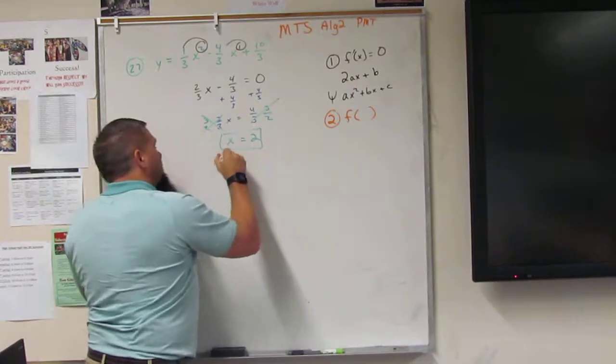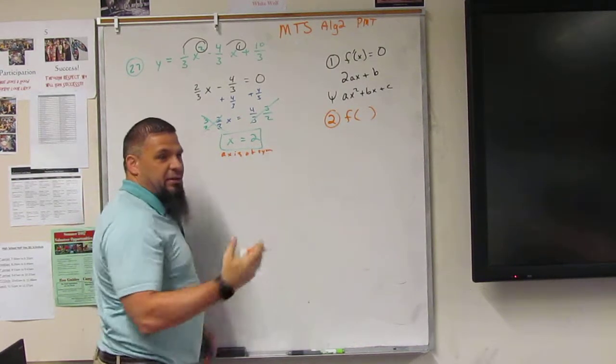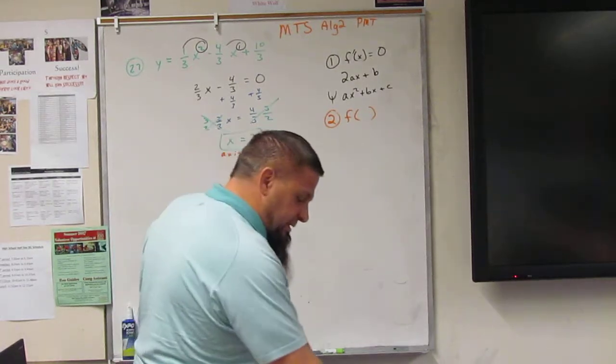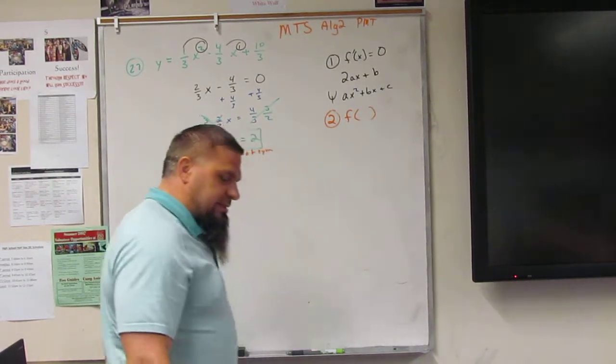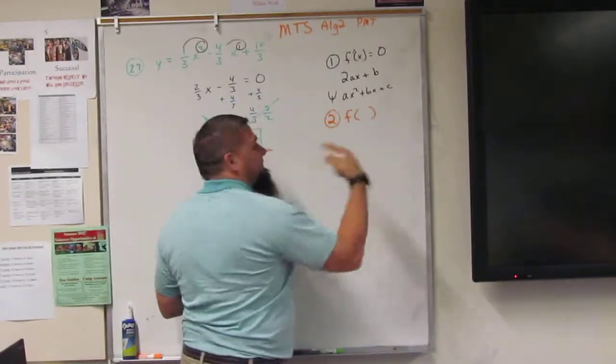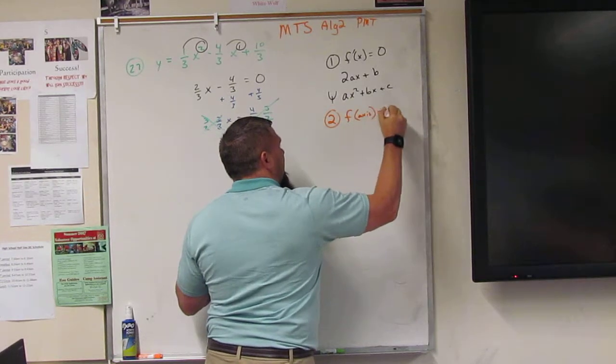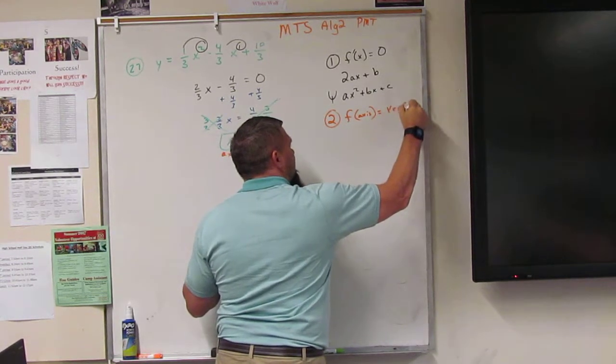So we know this is your axis of symmetry, right? And that's what it asks for. It says, identify the vertex, the axis of symmetry. So we have the axis of symmetry, right? And to find the vertex, we've got to plug in the axis, right? And that gives us our vertex.